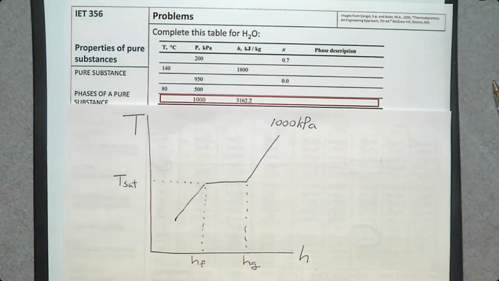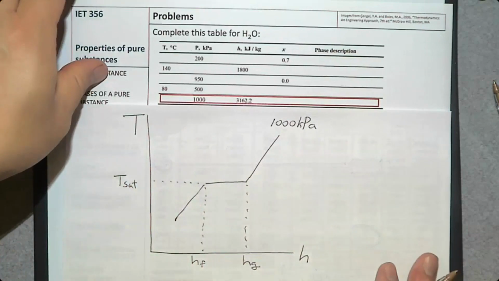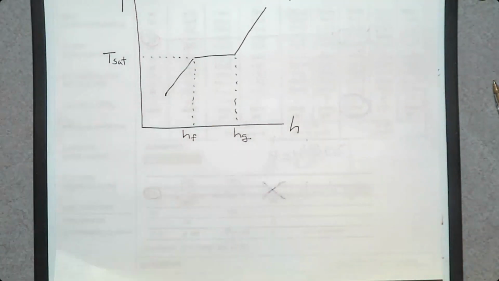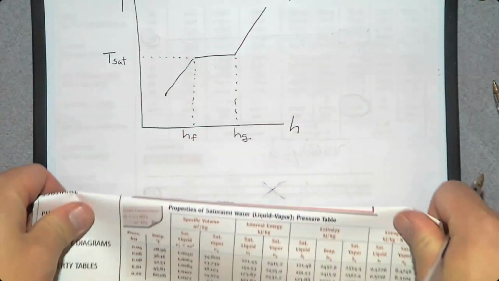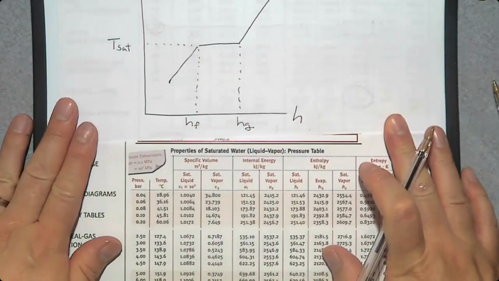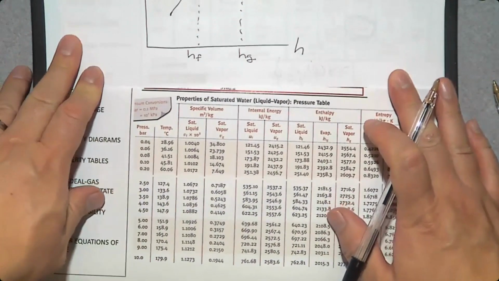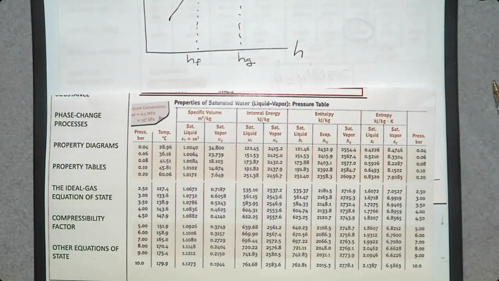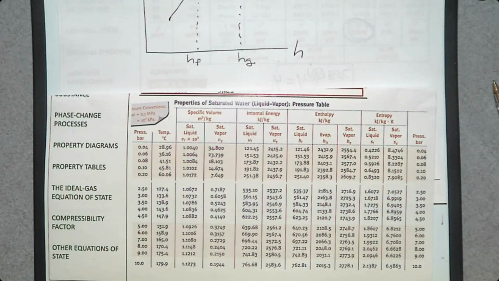So we need to go to pressure table. Here is the pressure table. What is the pressure? 1000 kilopascal in bar, 10 bar. So what is T sat? 179.9. I'm going to write this value here.